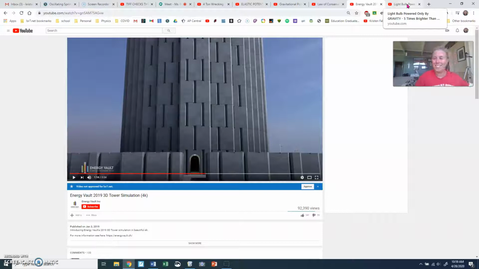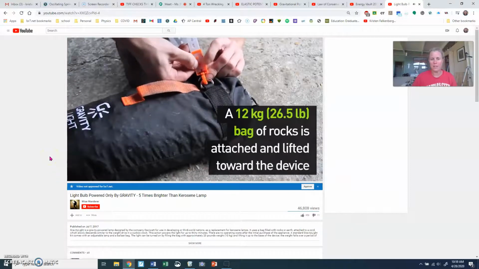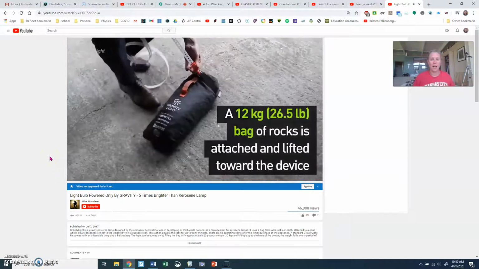So check this out, as this guy thought, what if we could provide a no-cost light source, other than the equipment itself, for these folks? This is what this guy uses: 12 kilogram bags of rocks.